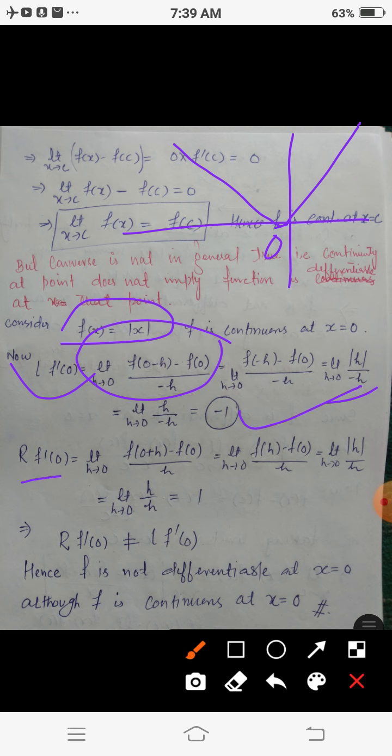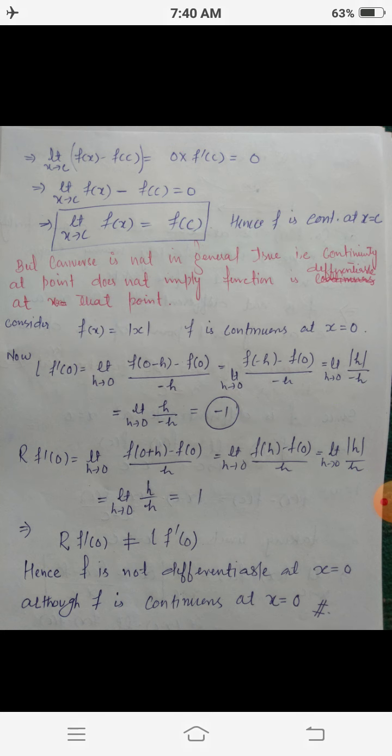And right f dash of 0 is limit h tends to 0 of f of 0 plus h minus f of 0 upon h, that is limit h tends to 0 of f of h minus f of 0 upon h, which is simply mod h upon h. Now mod h by h is simply 1. Here the left derivative is minus 1 and the right derivative is 1.